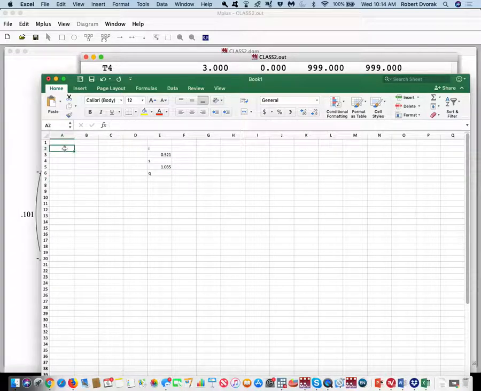So we have time, right? And then we have time squared. And so this is, actually, let's not do that. We're only going to have one slope, right?